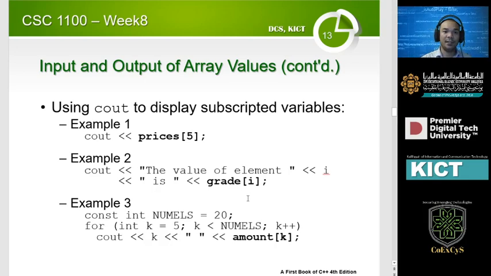For example, here you can access the array variable called prices and refer to the sixth element. You start at 0, 1, 2, 3, 4, 5, so you would use index 5 here. So prices[5] would result in the sixth element stored in the array.